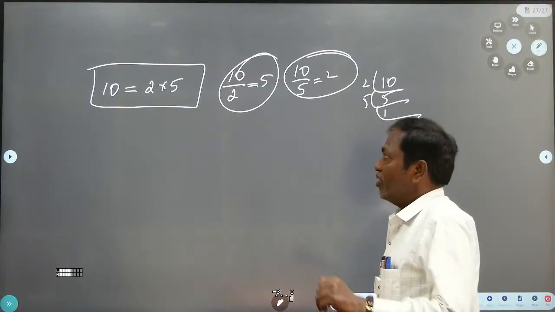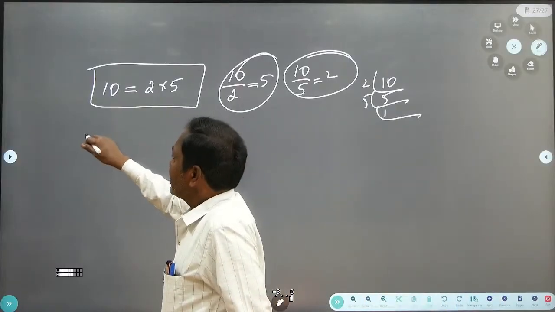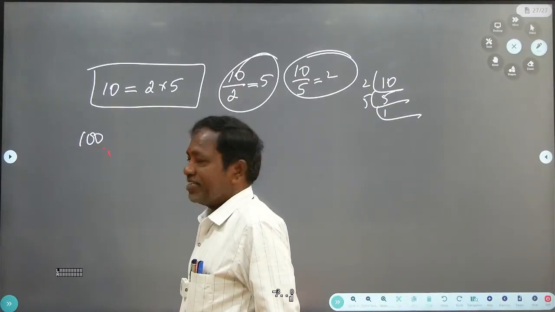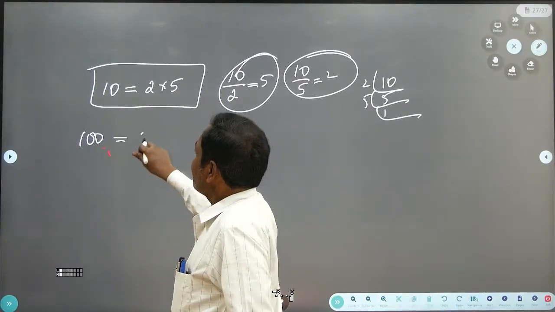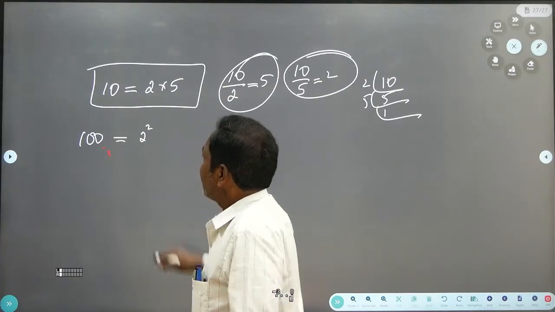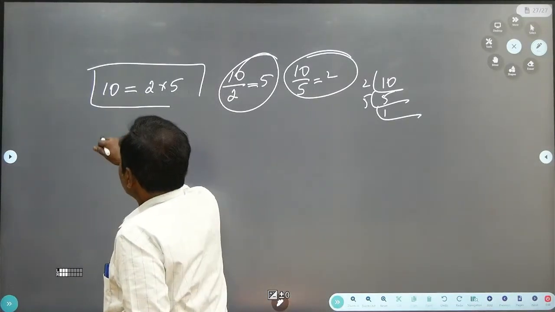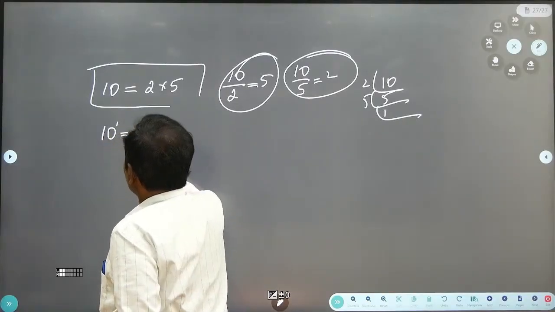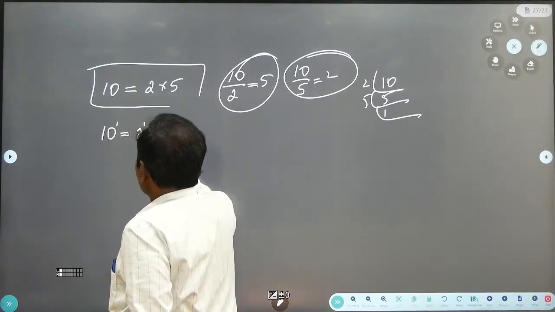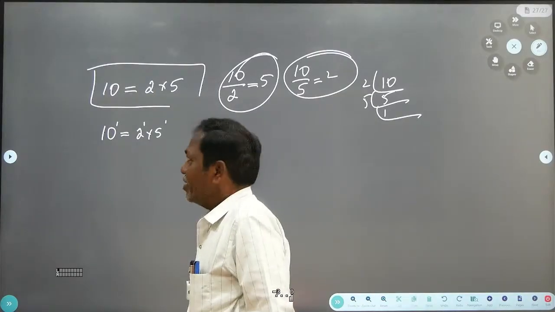Now, see, let us take 100 like this. It means 2 square. Now you can write 10 to the power of 1 is equal to 2 to the power of 1 into 5 to the power of 1.